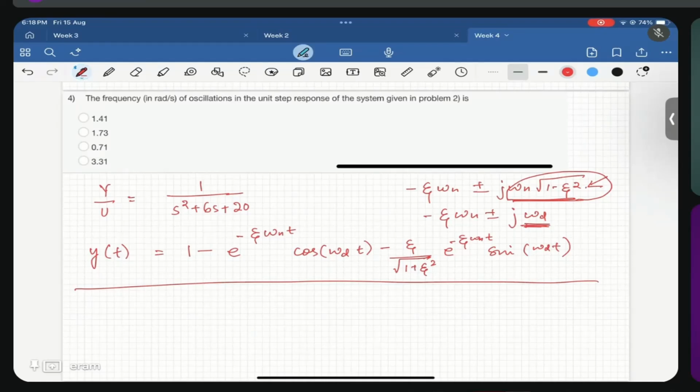Now can you identify with which frequency the response will oscillate if this is the solution? Oscillation is coming from the cosine and sine terms, and these have a frequency of omega d. Yes.